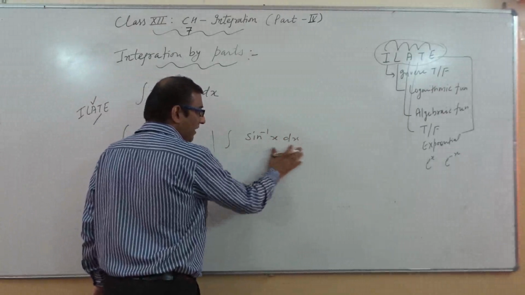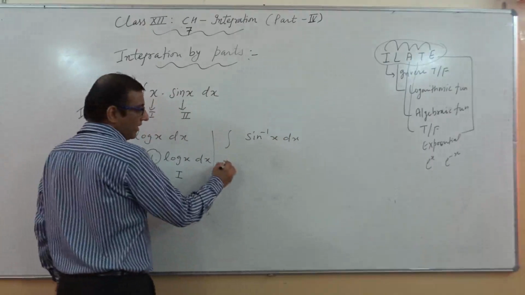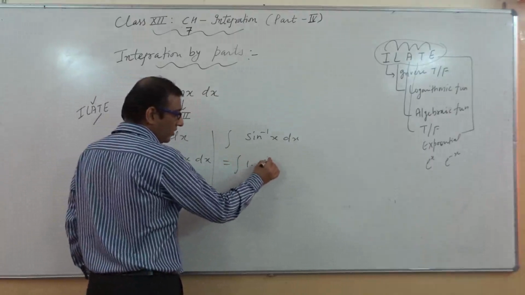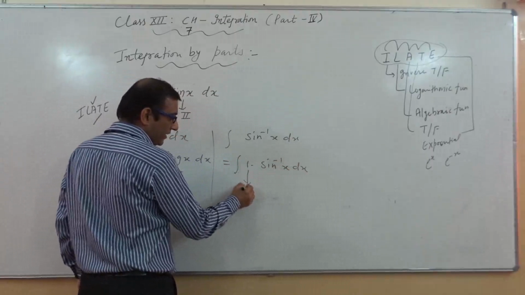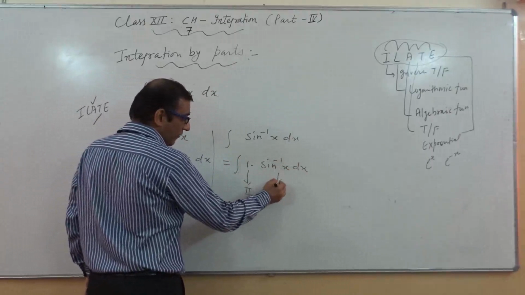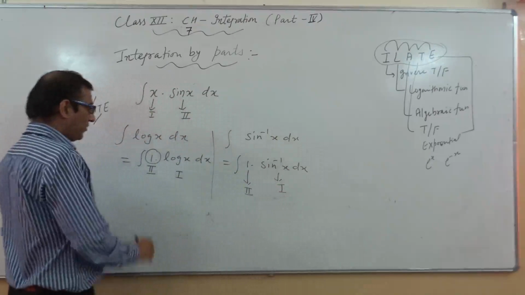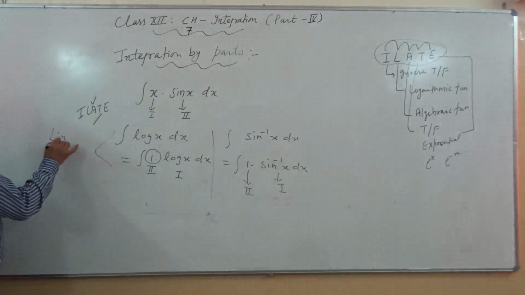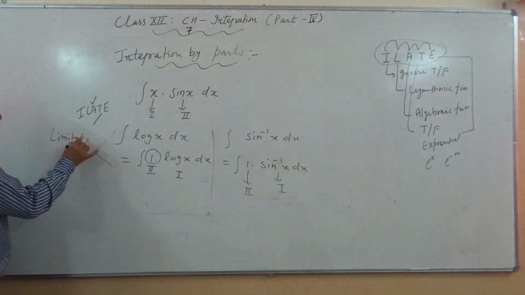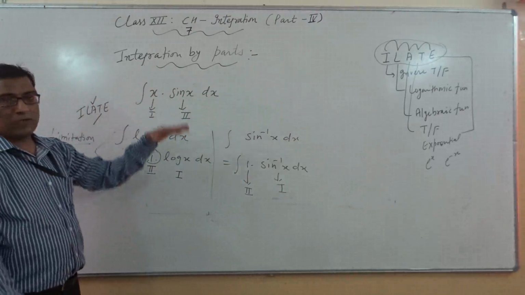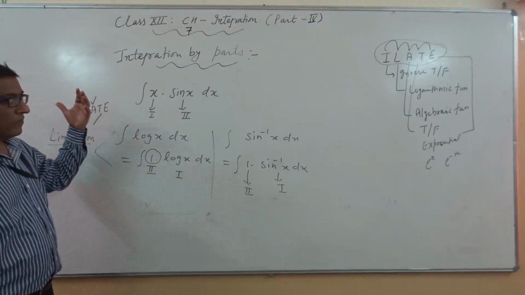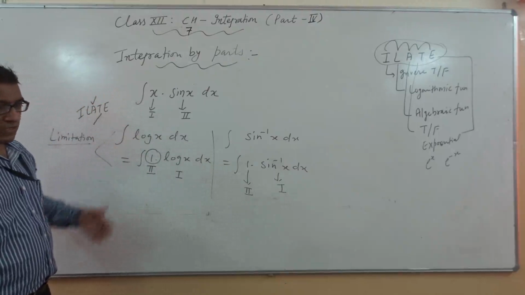It can again be written as 1 into sin inverse x dx, where we will take 1 as the second function and sin inverse x as the first function. So these are some limitations. With the help of such concepts, we will do the integration of these types of functions.